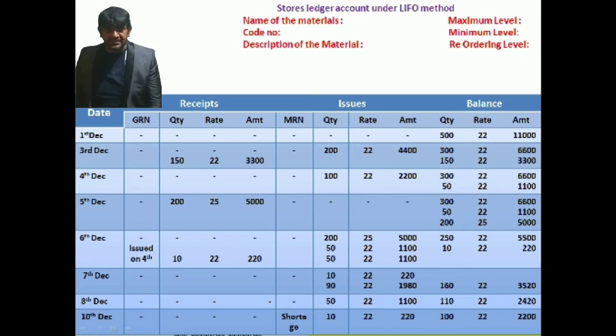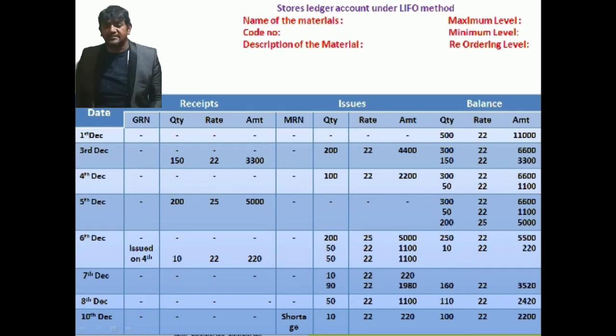On 8th December, again GRN nil, quantity nil, rate nil, amount nil, MRN nil, but there is the issue of 50 units. So out of 160 units I am issuing 50 units, so at rupees 22 each. So that comes to 1100 rupees.